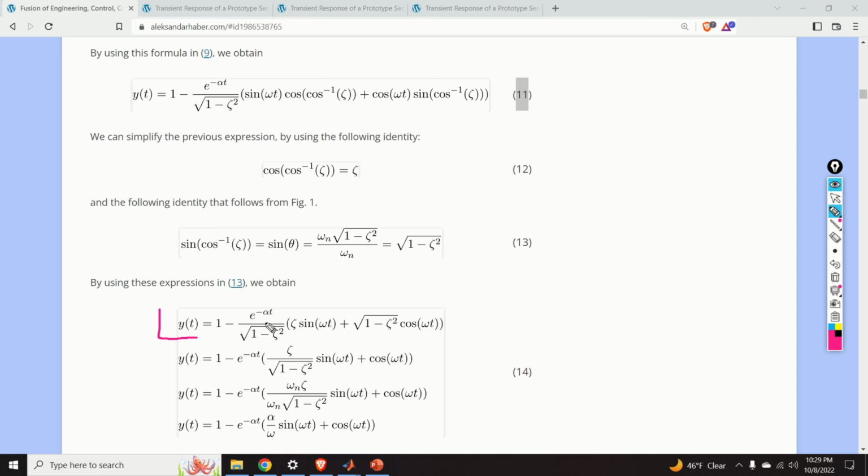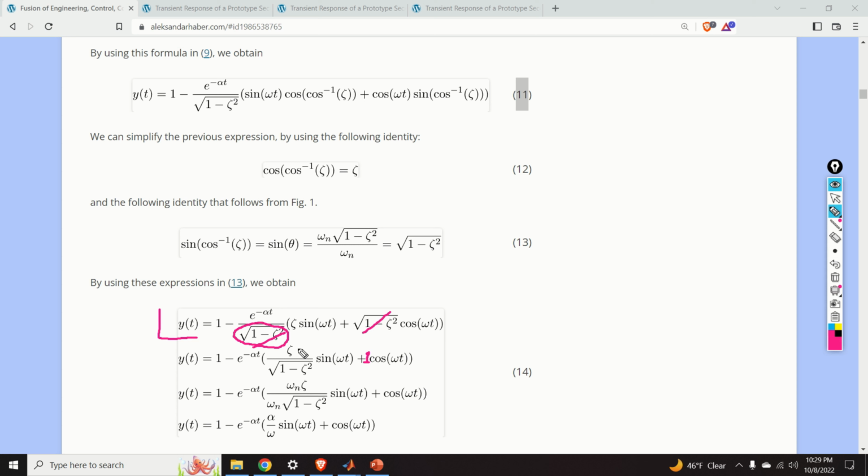Now, let us further simplify this equation. The term over here can go inside of the brackets, and we will obtain zeta divided by the square root of 1 minus zeta squared, and the term over here and the term over here cancel, so we obtain here 1. Okay, that's good. Let us simplify this expression further.